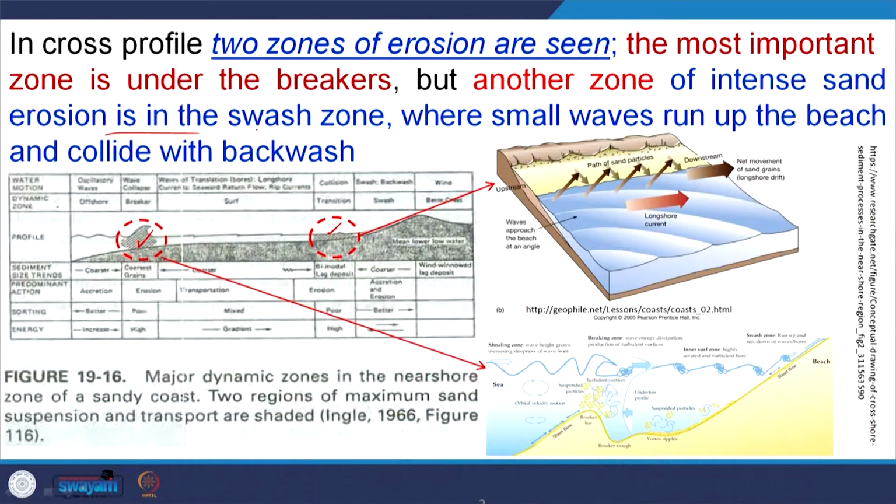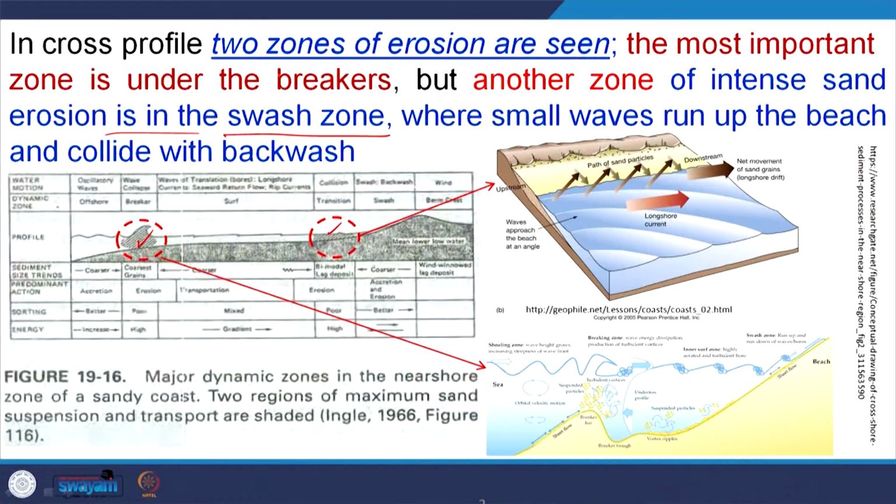Similarly, another zone of intense sand erosion is the swash zone, and another is called the backwash zone. The swash zone is otherwise called the forewash zone, meaning sand is moving towards the coast, and in the backwash zone it is moving away from the coast. So the most important zones are the one under the breaker and the swash zone.